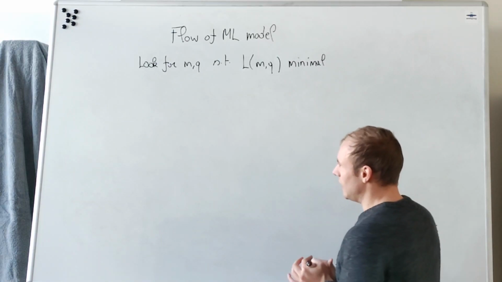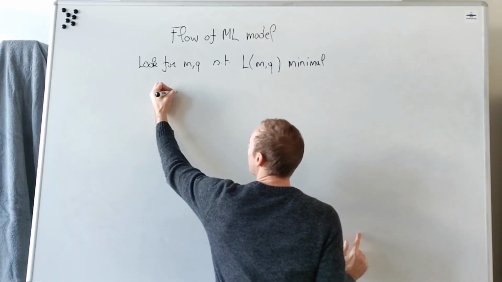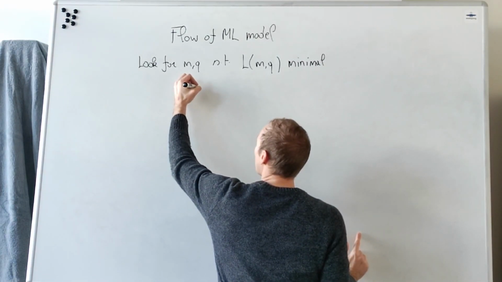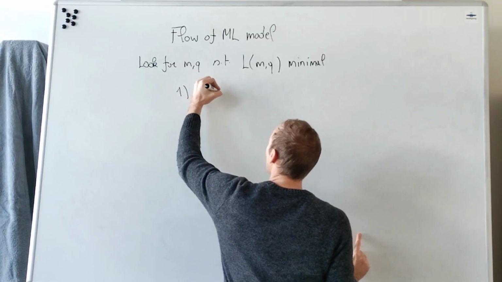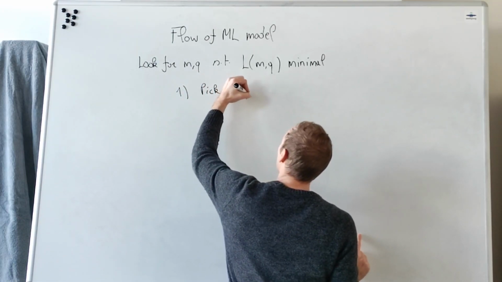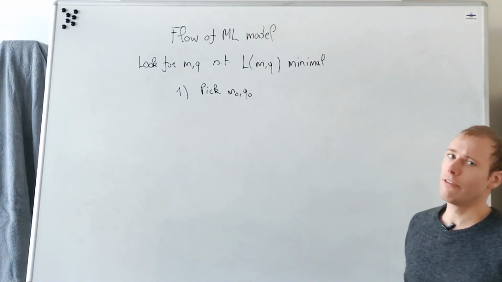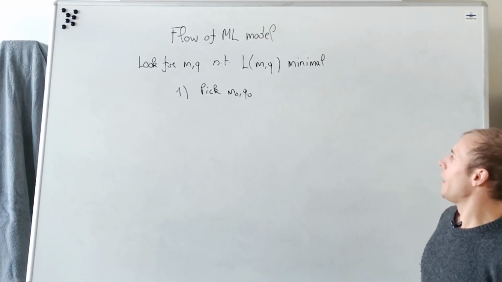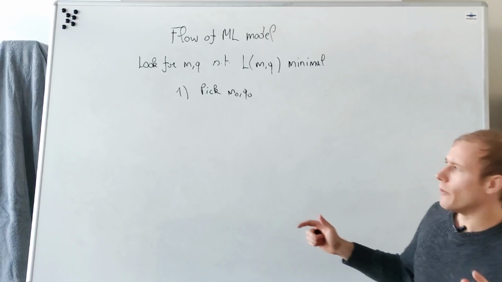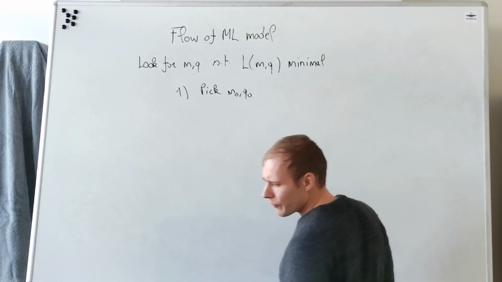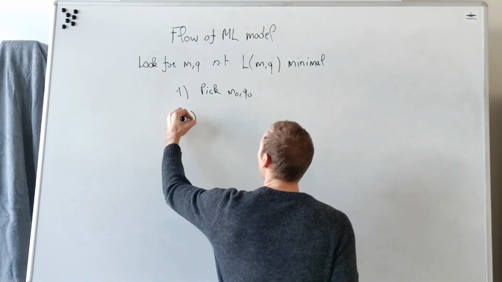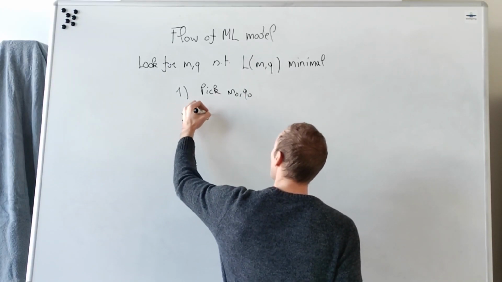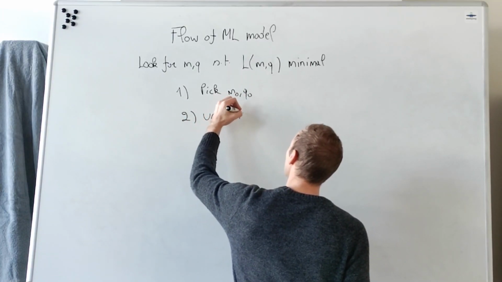So what we actually have to do is, first we're gonna choose or pick m0, q0. These are our initial values. You can say, for example, 0, 0, 1, 1, that doesn't really matter. And then what we can do is use data.